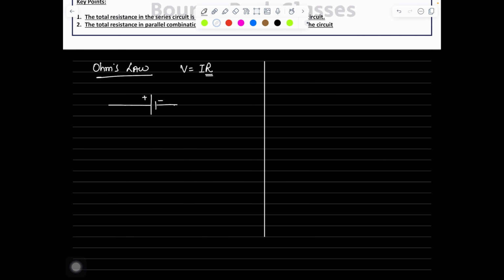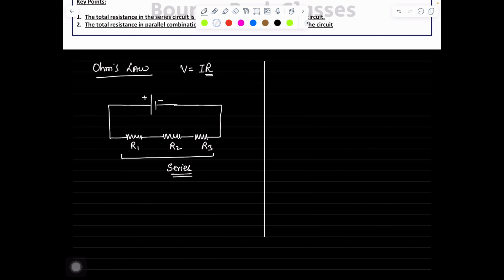And once we start moving, this is resistance 1, this is the symbol for resistance. Now this is resistance 2, this is resistance 3, and now connect them. So how do you know these resistances are connected in series? That is the major point.